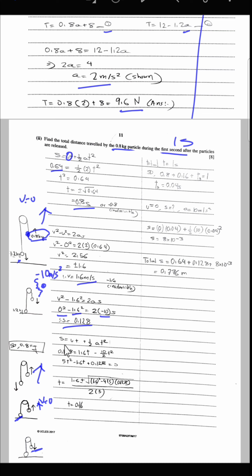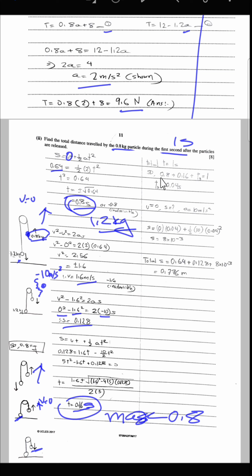We use the equation s equal to ut plus half at square and find the time when the 0.8 kg particle reaches its maximum height, that is 0.16 second. The 1.2 kg particle takes 0.8 second to reach the ground, and the 0.8 kg particle takes 0.16 second to reach maximum height.